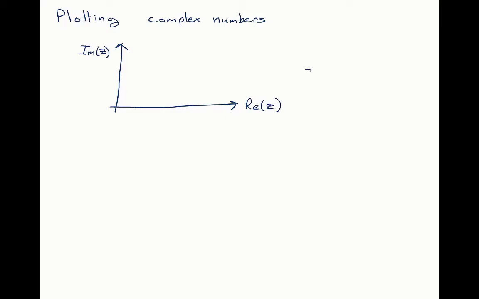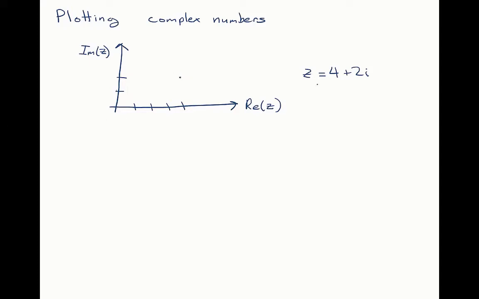So if we just talk about our example complex number 4 plus 2i, 1, 2, 3, 4 on our x-axis and 1, 2 on our y-axis, and we plot our point right here. Okay, that's pretty easy.